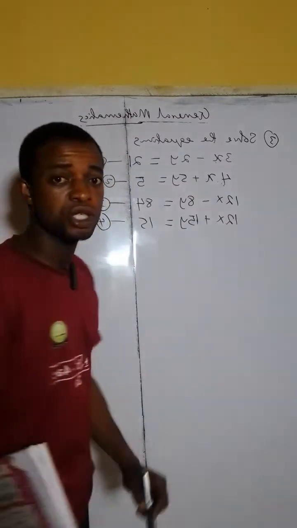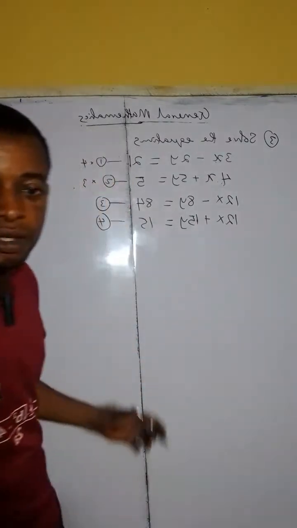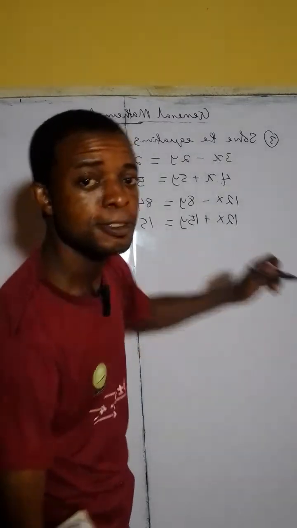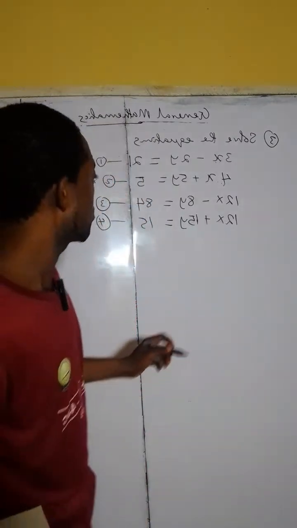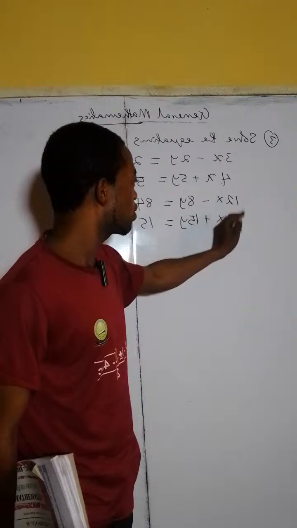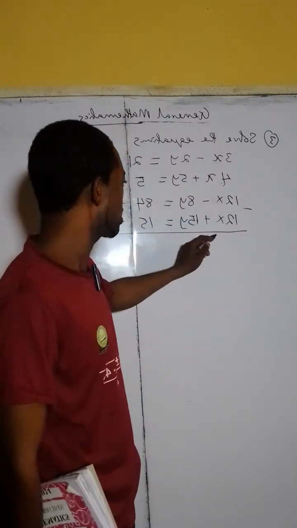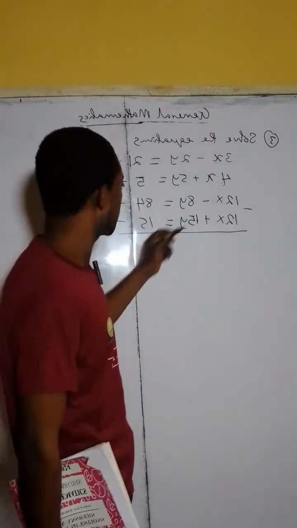Now, from equations 3 and 4, we can eliminate the variable x. Because here we have plus plus, to eliminate we subtract. When you subtract, x has been eliminated, and you should be careful here because the sign is very important.